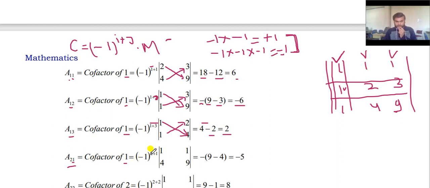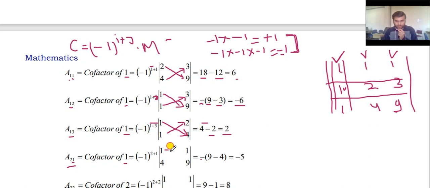So we write minus 1 to the power 2 plus 1. 2 plus 1 is equal to 3. It is an odd number, due to that it is written as minus. What remains is 1 1 in the top side and 4 9 at the bottom side: 1 1 4 9.